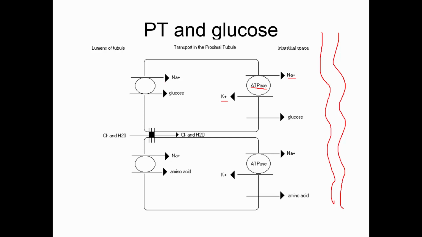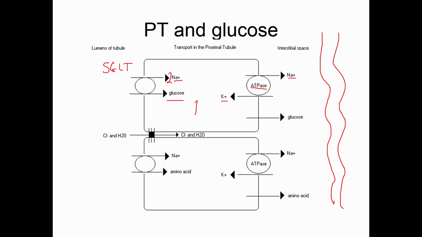This sodium gradient is then utilized by, and I want to say this is actually two sodiums that bind to this transporter. This is the SGLT transporter. This is a secondary active transporter that uses a sodium gradient to drag along glucose.